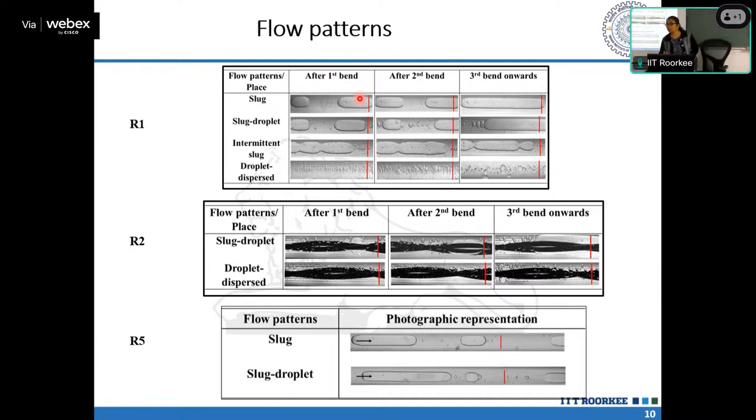One is the distribution, which is indirectly specifying the specific area of contact. You could figure out the specific area of contact for this type of structure, or for this type of dispersed droplets, and so is the residence time. How are we getting this distribution? By just modifying the mass flow rate or volumetric flow rate.